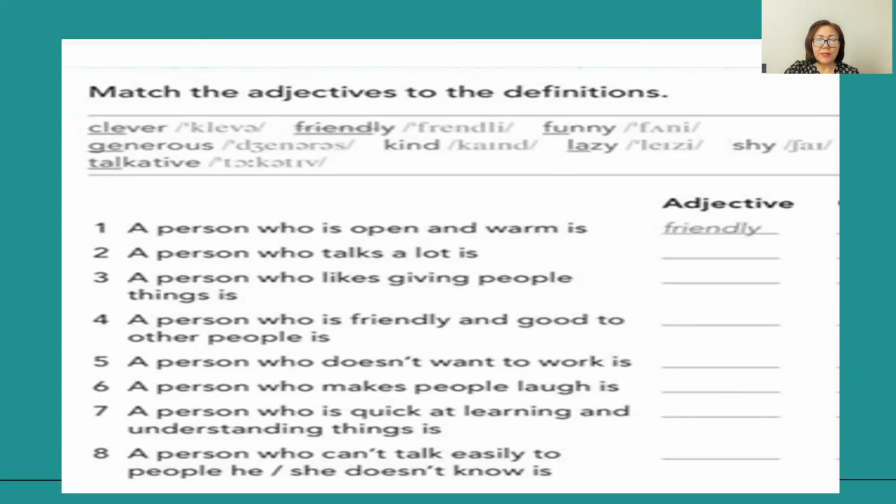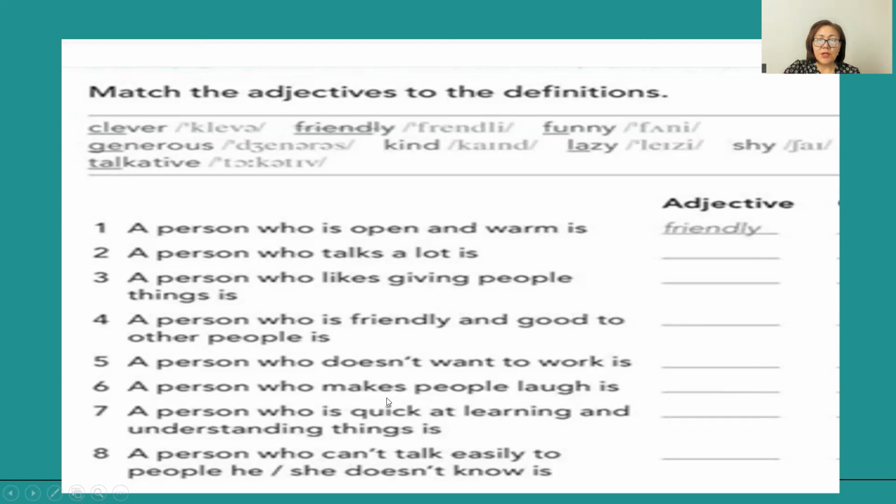A person who is friendly and good to other people is kind, right? A person who doesn't want to work is, of course, lazy person. A person who makes people laugh is, we call this kind of person funny.